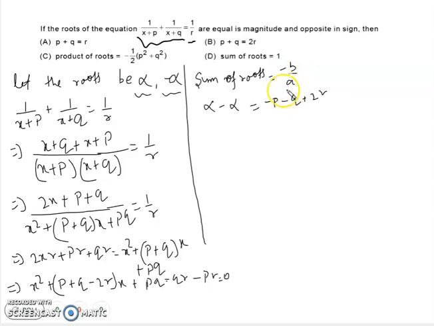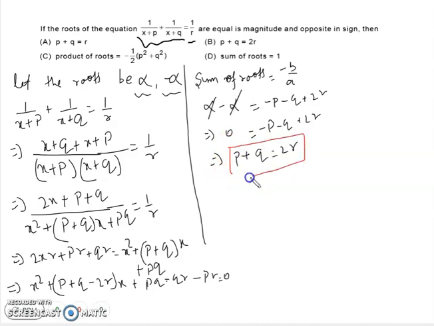And the value of a is 1, guys, right? So after cancelling, you can write 0 equal to minus p minus q plus 2r, right? And now you can say that p plus q is equal to 2r. So according to the solution, you can say that option B is correct, right?